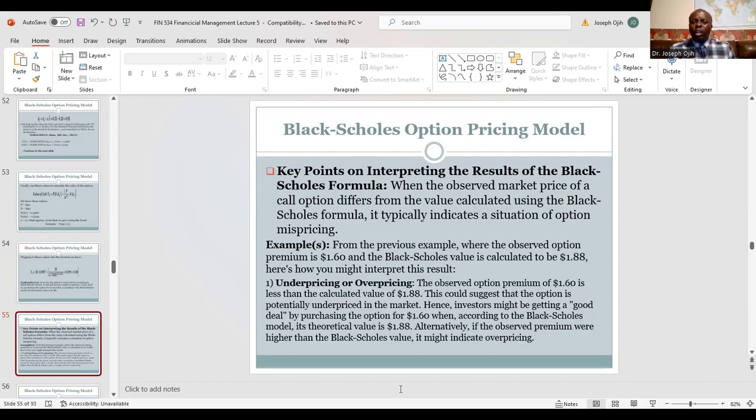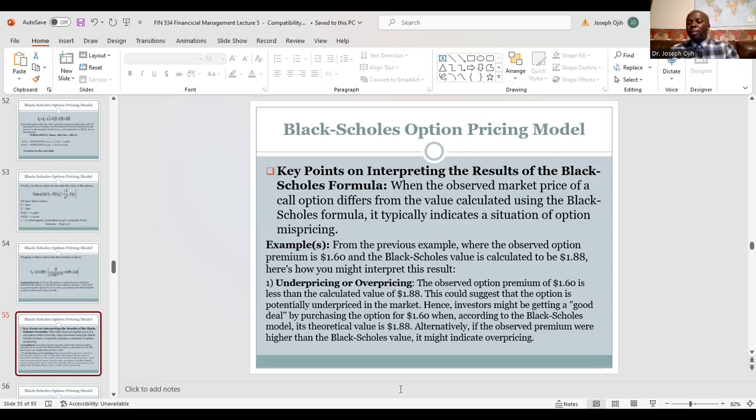Usually when the observed market price of a call option differs from the value calculated using the Black-Scholes model, it typically indicates a situation of option mispricing. So from this previous example, where the option premium that you paid was $1.60, and the Black-Scholes model calculated the actual value as $1.88, it means that the option was underpriced.